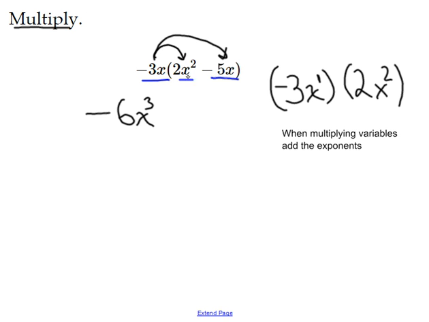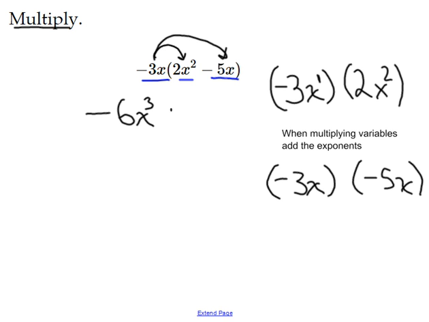Okay, now let's multiply. So we distributed it to the first term inside the parentheses. Now let's distribute negative 3x to negative 5x. So negative 3x multiplied by negative 5x is what? So again, pay attention to the signs. A negative times a negative is a positive.